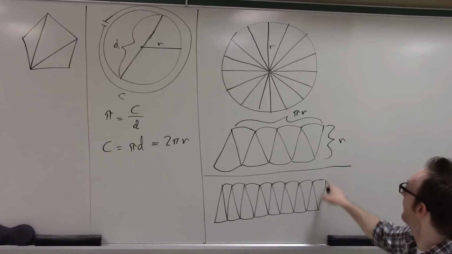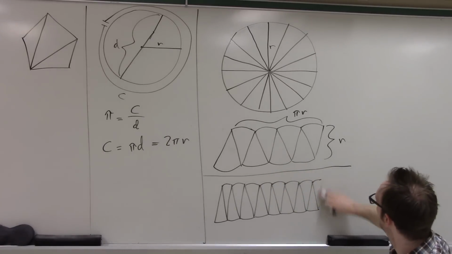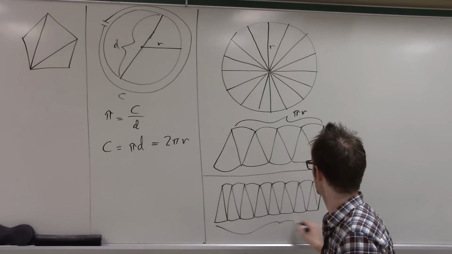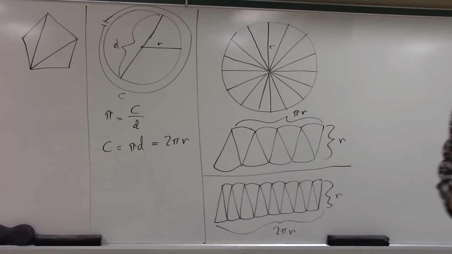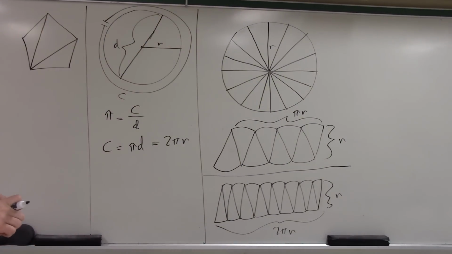Okay, well, now the little roundy parts are less roundy. And so this is still going to be approximately r, but it's going to be closer to being r. And this is still going to be pi r, but it's going to progressively get more and more like an actual rectangle.